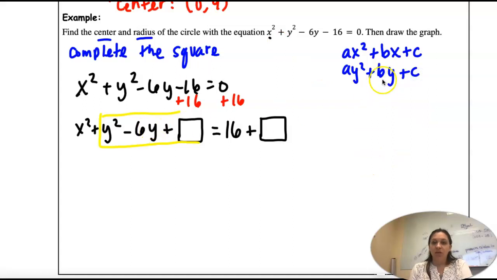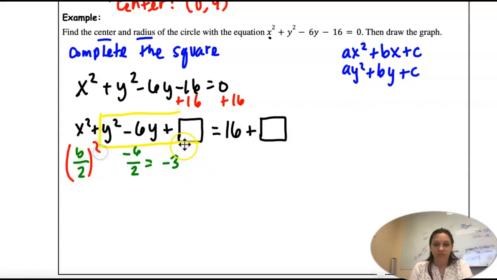So I'm going to take the middle term b, and I'm going to take b divided by 2. So negative 6 divided by 2, which is negative 3. And then we're going to square that number. So negative 3 squared is positive 9. That's what goes here.